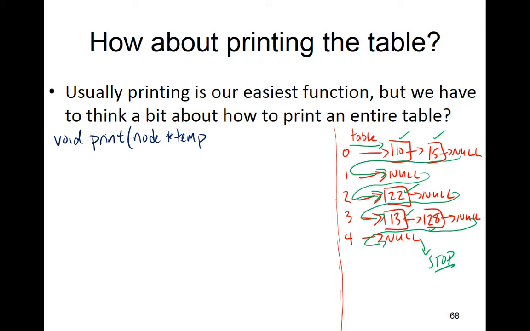Well, a minute ago, I sort of glossed right through this. I said, if you're on a number, print it and go to the next box. That sounds pretty accurate, right? Every time I'm on a number, I print it and go to the next box. But if I'm on a null, it matters whether I'm on this null or this null. Why? Because this null says, don't print, but go to the next row and keep going.